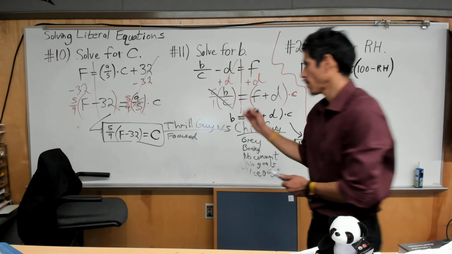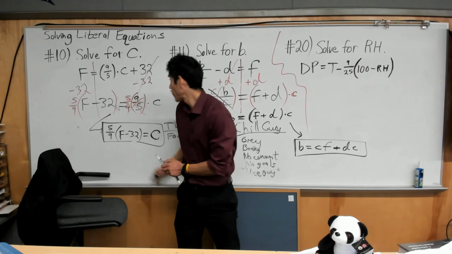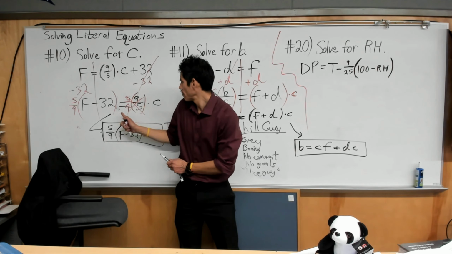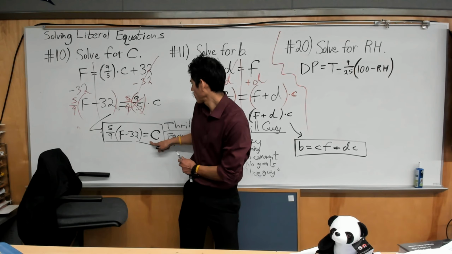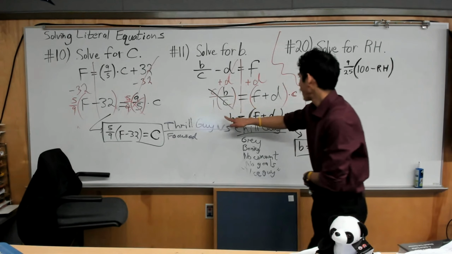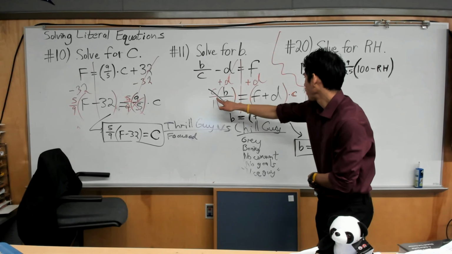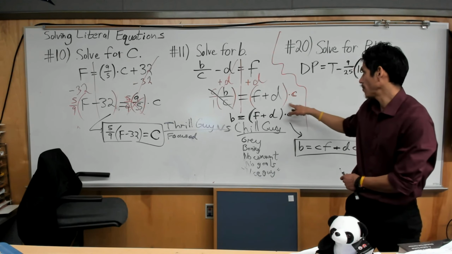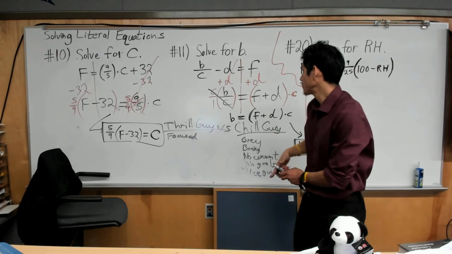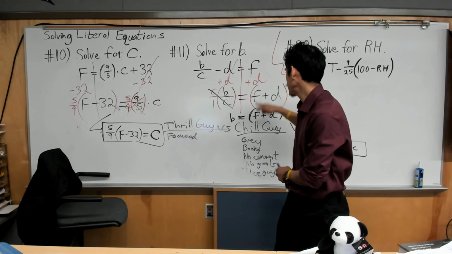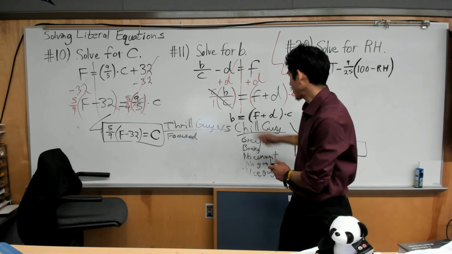On number 10? Yeah, why did you add the C at the end? Add the C? Wait, no, on number 11. When you were on the other side. Yeah. Oh, okay. So here we get rid of the D, so we go B over C equals F plus D. So let me write it again over here.